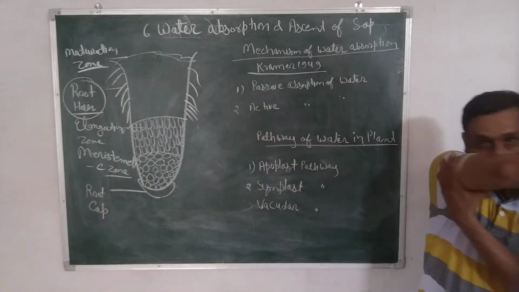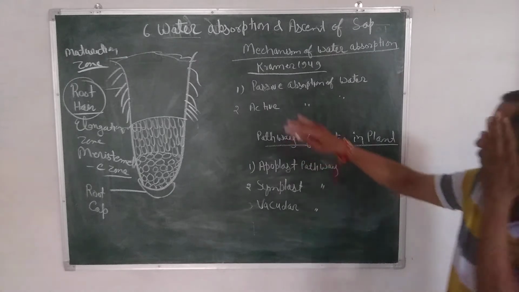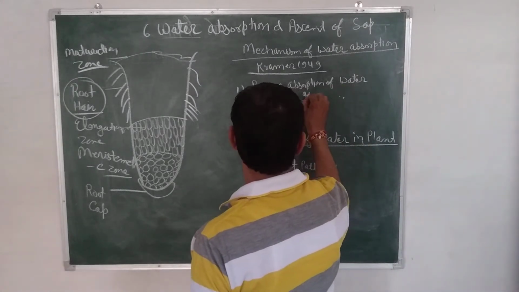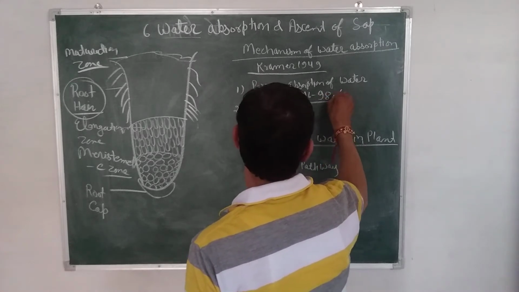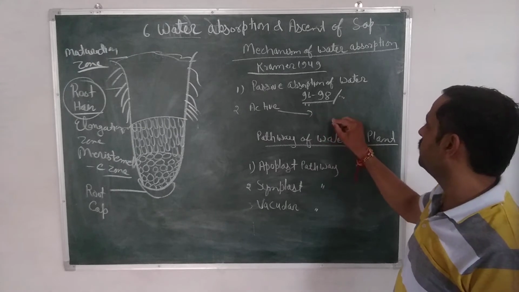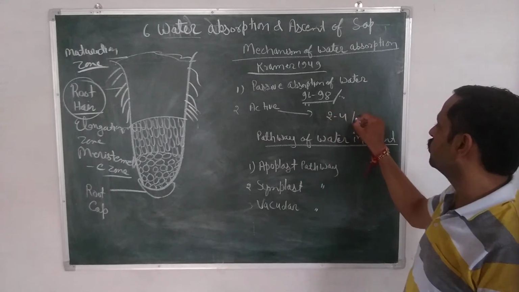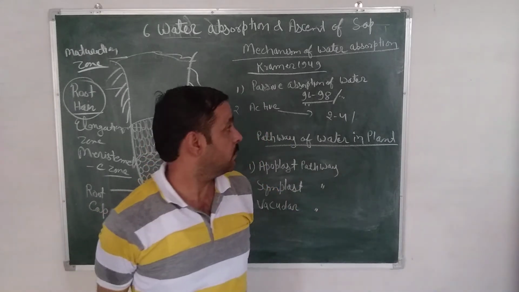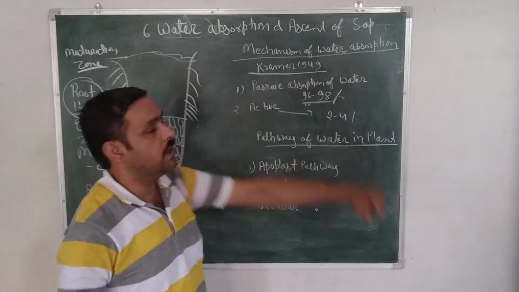Second, active. In passive absorption of water, plants absorb 96 to 98% of water, and by active absorption, plants absorb 2 to 4% of water. First of all, we are discussing passive absorption.